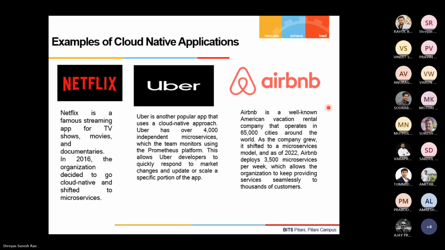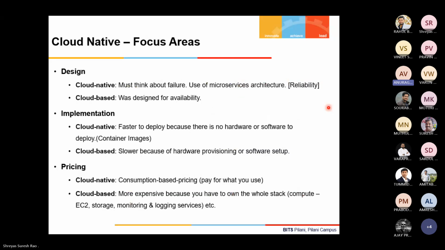Yes, Anurag. Yes, sir. In your slide where you are showing the key characteristics of cloud native, let's say in my project I have Agile and I'm using Azure DevOps as CI/CD, and I'm also using microservice architecture, but I'm using Python code and deploying that on a PaaS environment.